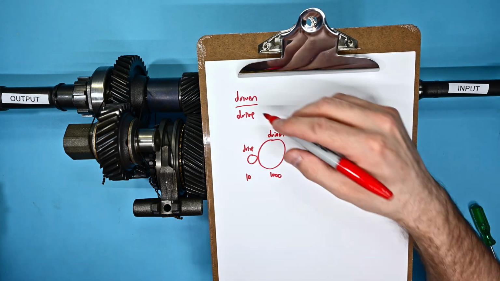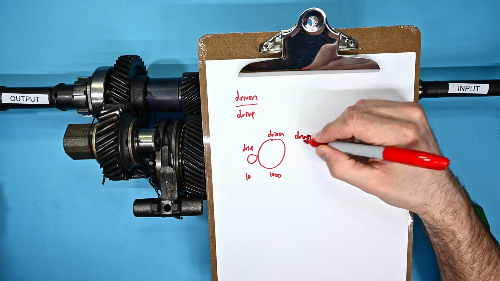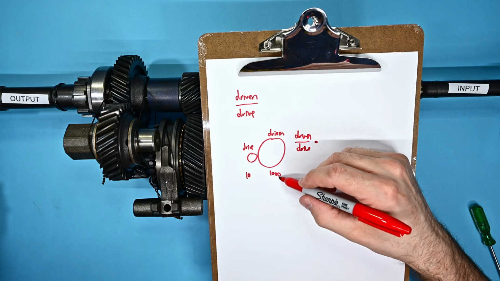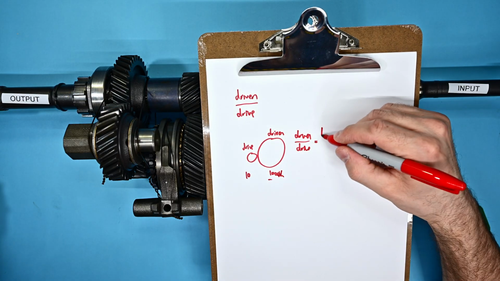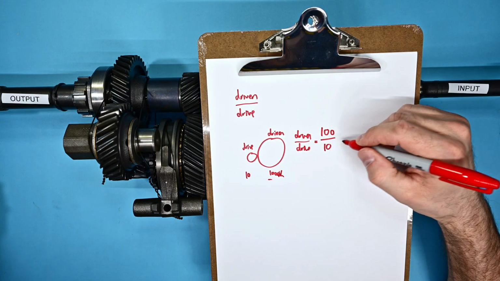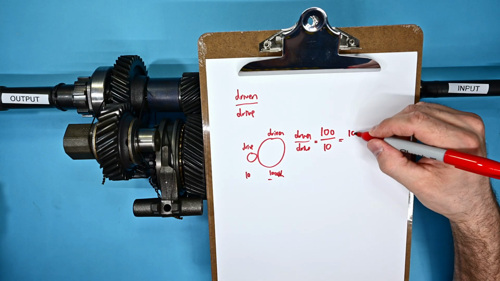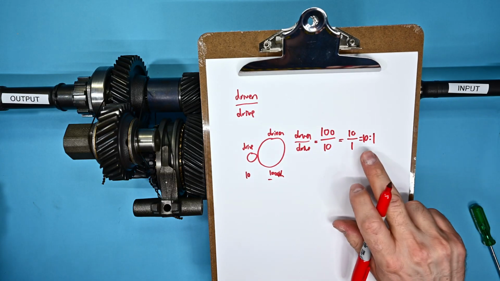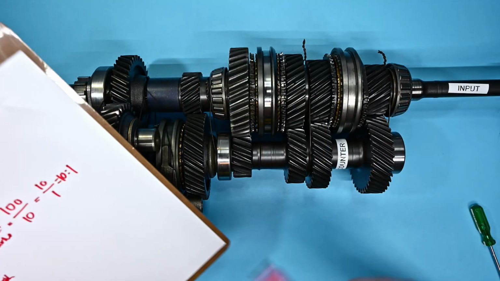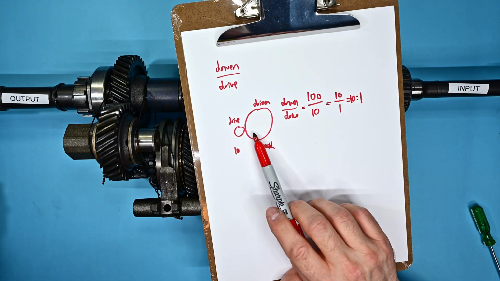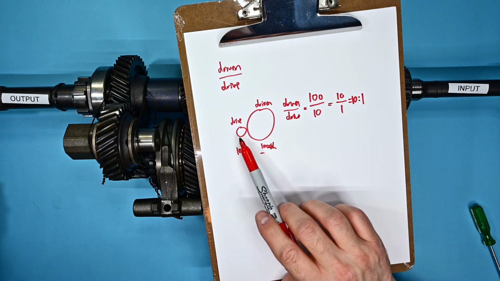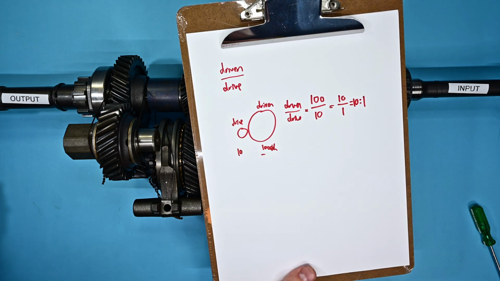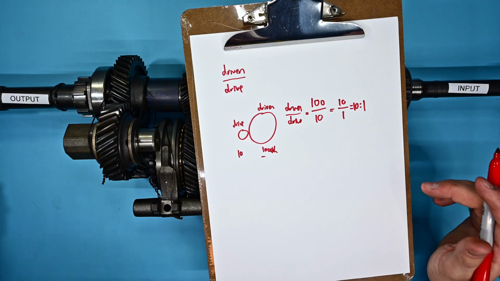So if we punch that into our formula of driven over drive, that would give us 100 divided by 10, which is a ratio of 10 to 1, or a torque multiplication of 10 to 1. So every one time that the large gear turns, the drive gear has had to turn 10 times to complete one rotation of the driven gear. That gives us a torque multiplication.